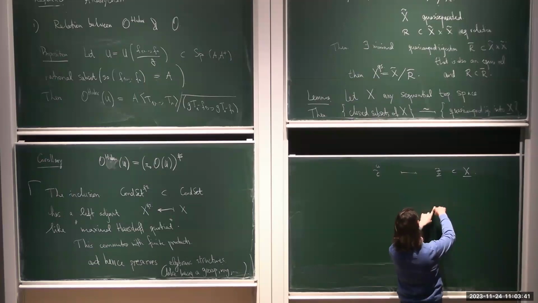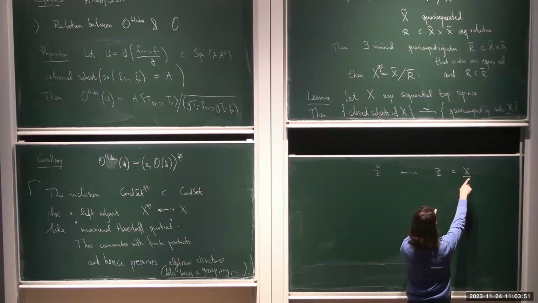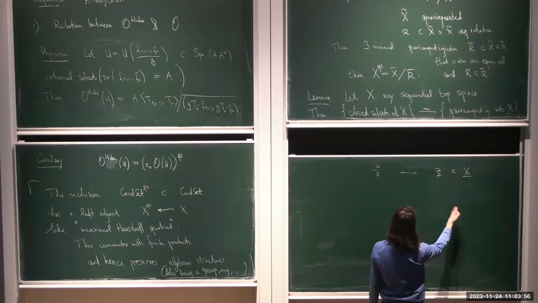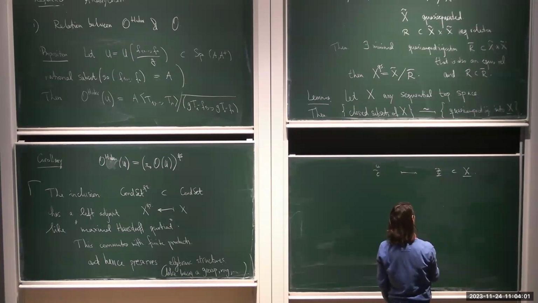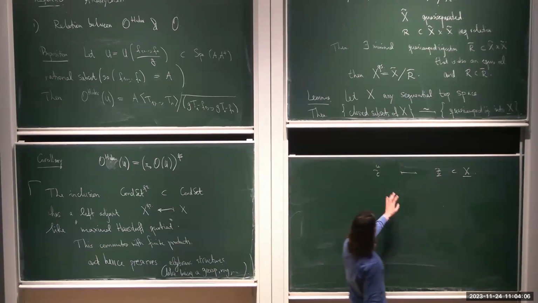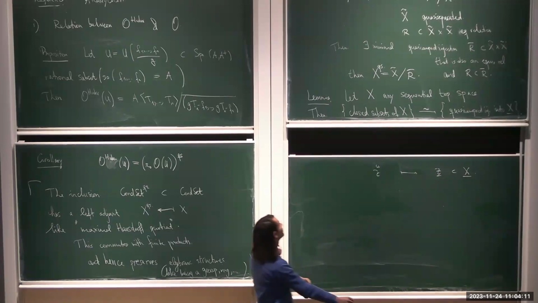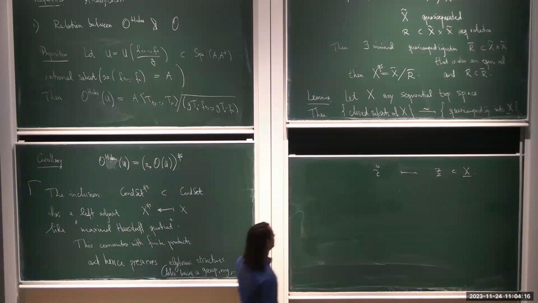The pre-image in this case is just a closed subset of this profinite set, and a closed subset of a profinite set is itself a profinite set, and hence quasi-compact. Using that X has the quotient topology from profinite sets, you can also reverse the reasoning.